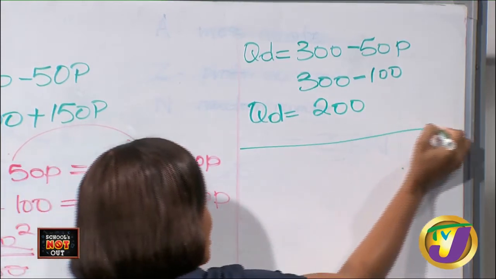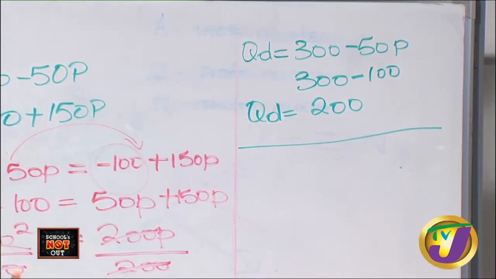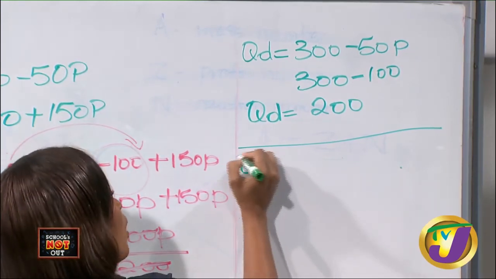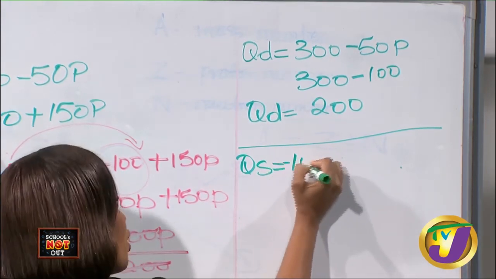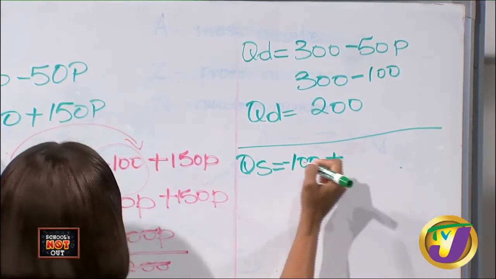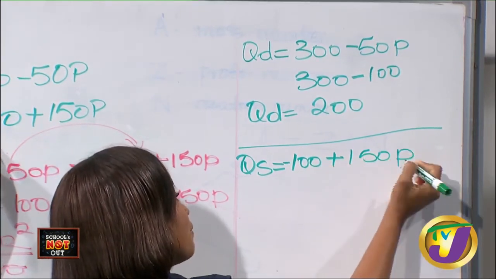Let us see if the quantity supplied will also give us the same value. Remember, this is equilibrium, they're both supposed to be equal. Quantity supplied is equal to negative 100, don't forget your symbols, plus 150p.